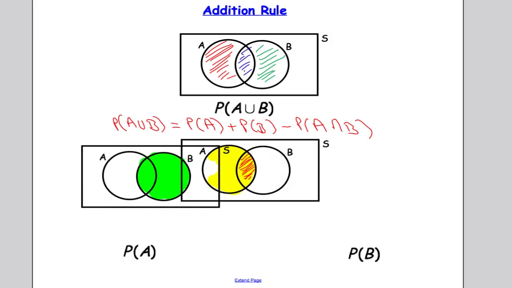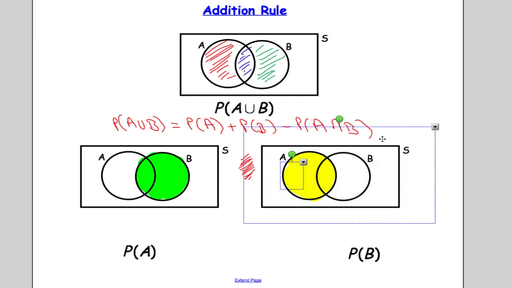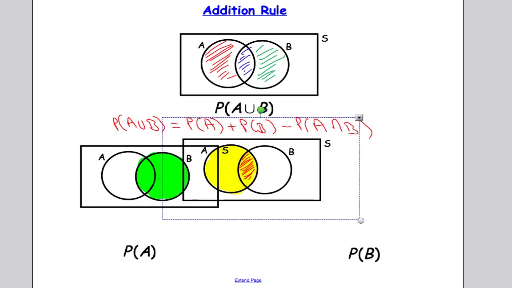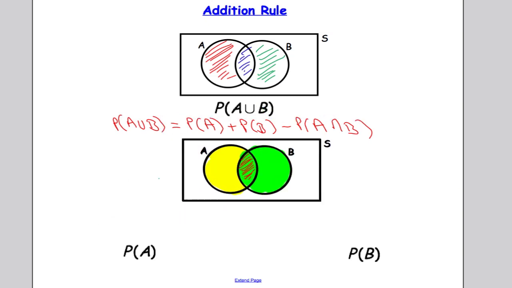When I overlapped the two diagrams, we lost a piece. We notice that the intersection part is there once, but now it's coming in again. I'm adding that intersection bit twice. I don't want that twice, so I'm going to take that intersection away. That's a really important feature with Venn diagrams.